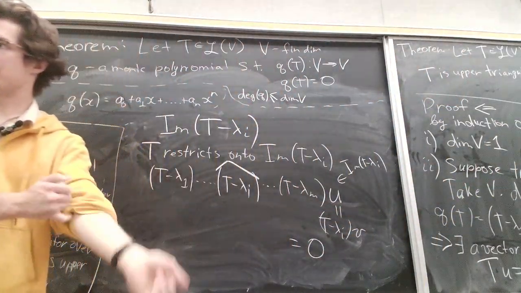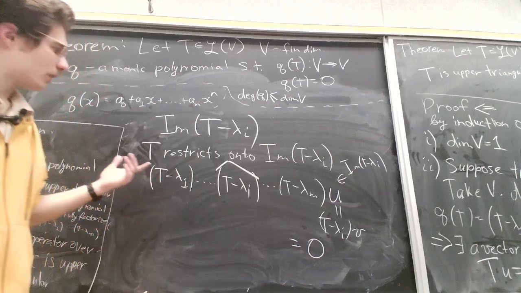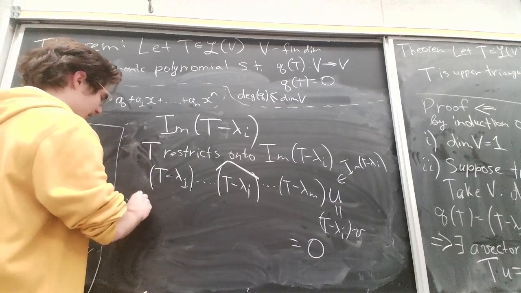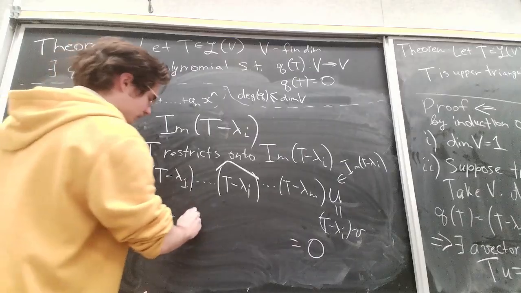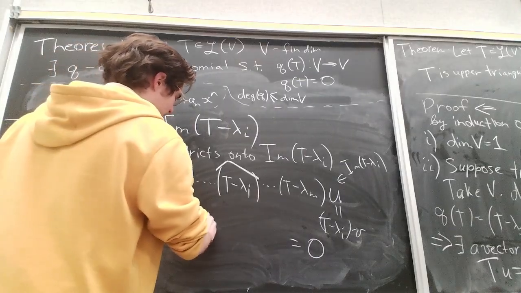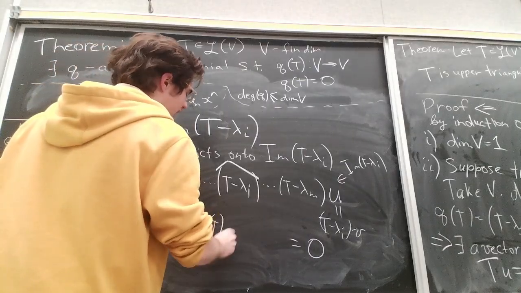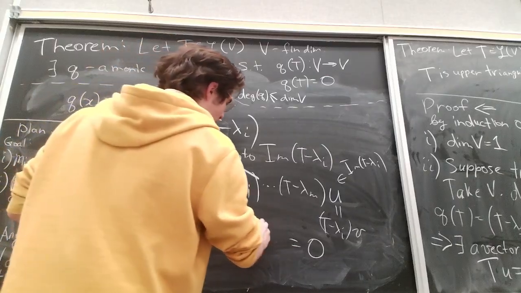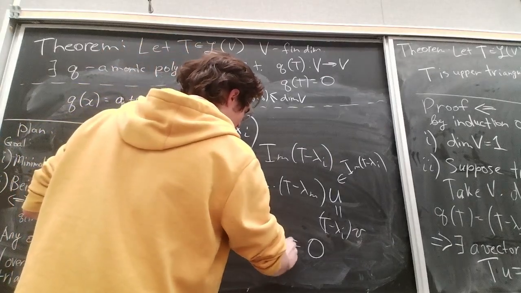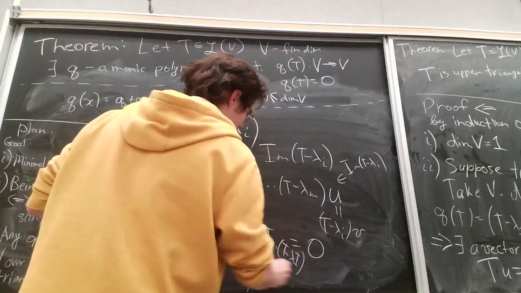Do you agree? So I know that there exists some polynomial Q twiddle sub I of T that is 0 on the image of T minus lambda I.